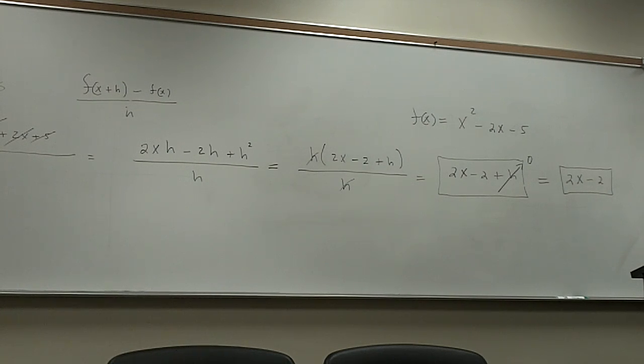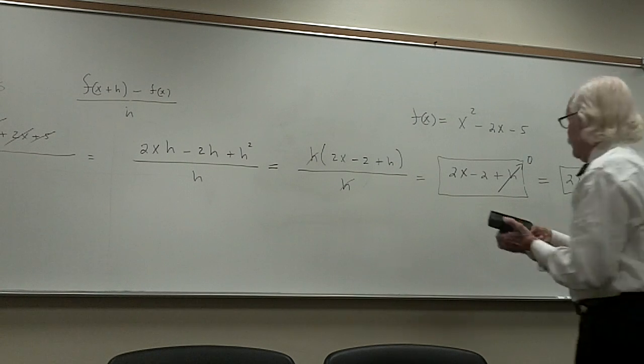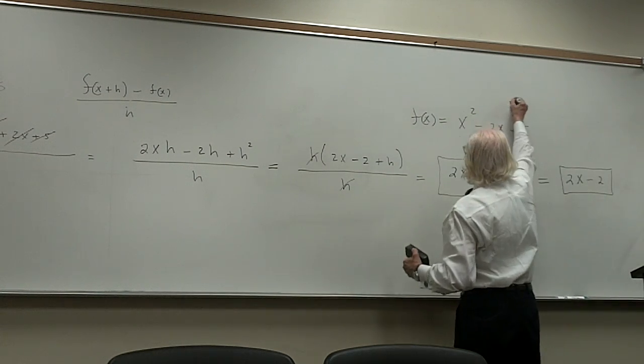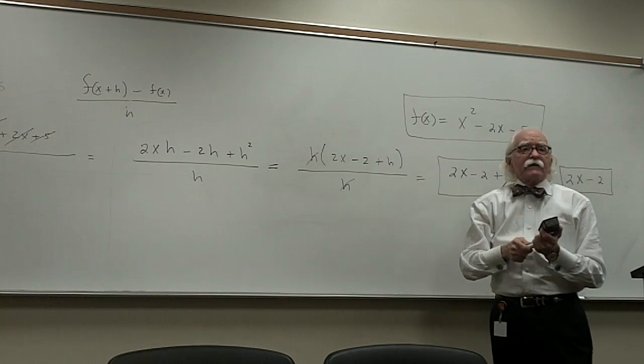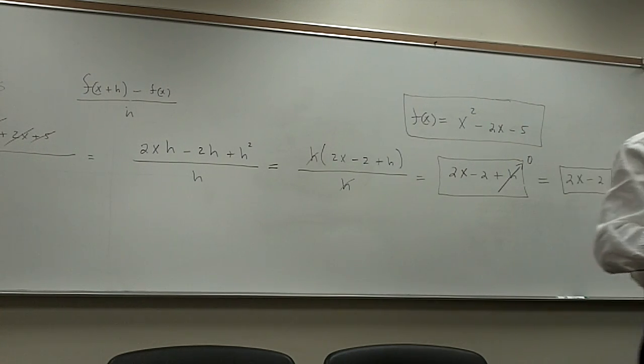What can you now say about the slope of this line right there? Who can tell me what you can say about the slope of the line x squared minus 2x minus 5?